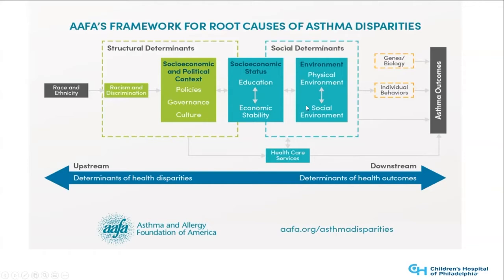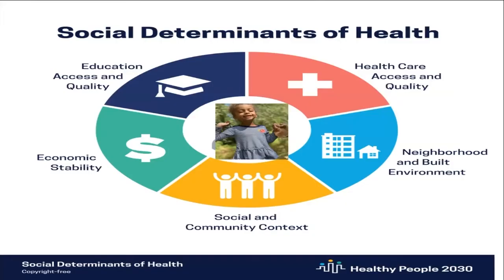As clinicians, we've really been taught to focus on individual behaviors. However, if we focus only on individual behaviors and ignore the elephant in the room, meaning the result of racism and discrimination on structural and social determinants, we will not be able to achieve health equity in terms of asthma outcomes, and I would argue any chronic disease outcome.